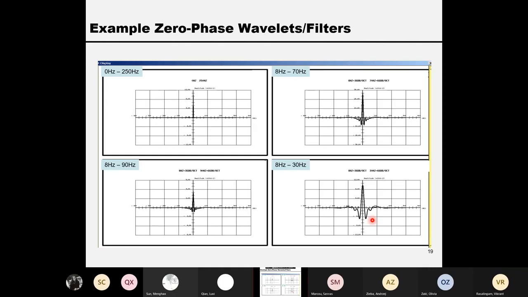But because of attenuation, your wavelet appearing in your seismic trace could be minimum phased. So after the attenuation compensation, you end up with zero phase. Zero phase is the high resolution wavelet.